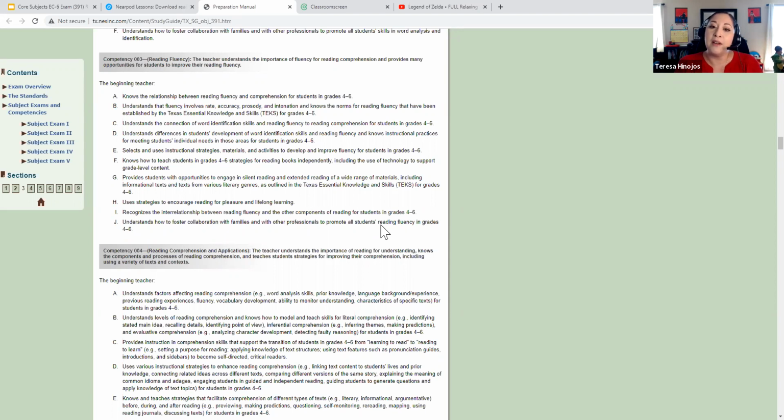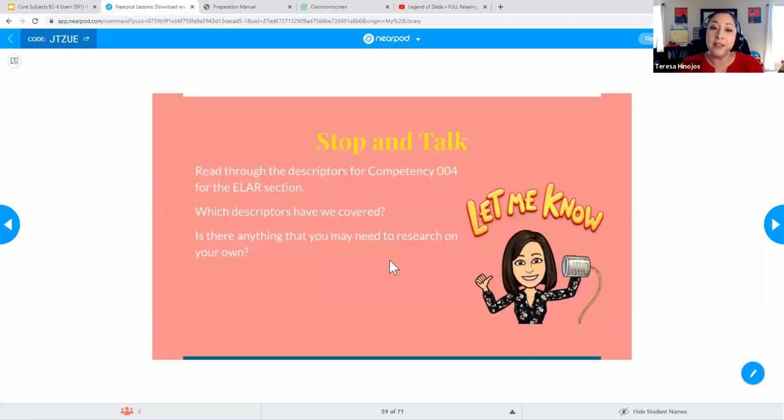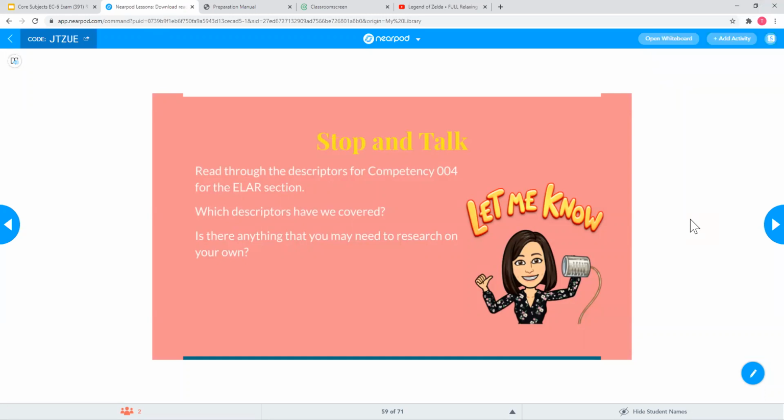It doesn't really matter where the kids are at. It's just trying to work with families to make sure that the kids are not only working on fluency in the classroom, so there should be some additional help from outside. And in terms of looking for stuff that's interesting for the kids, when it comes to the types of text, in these competencies they want to make sure that you're using good quality texts.